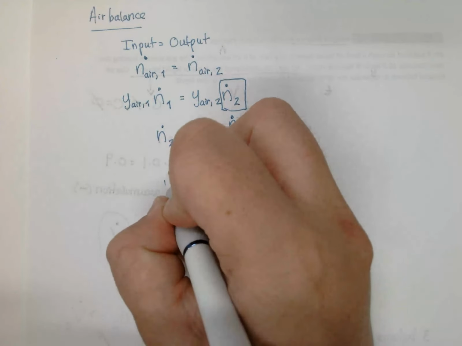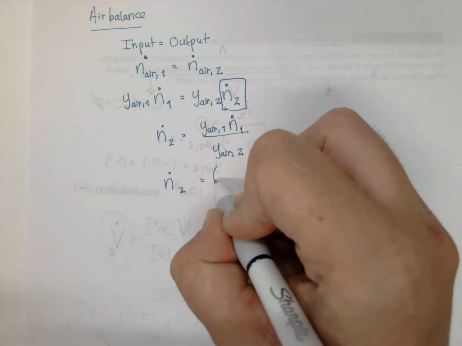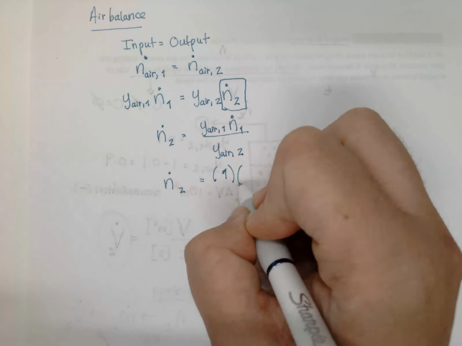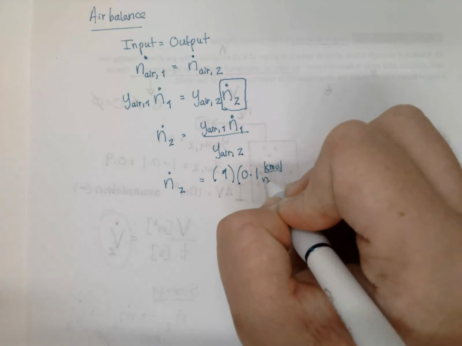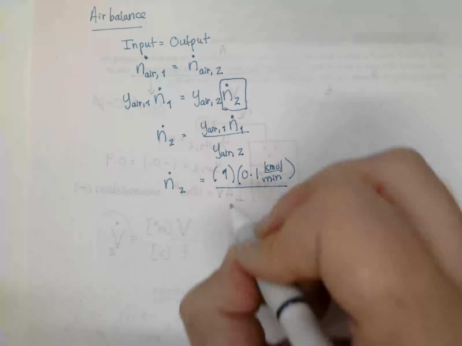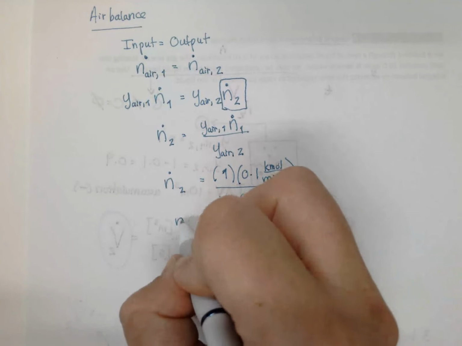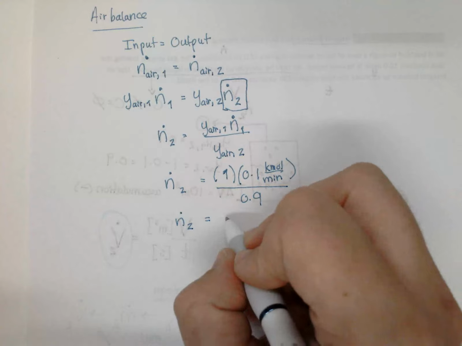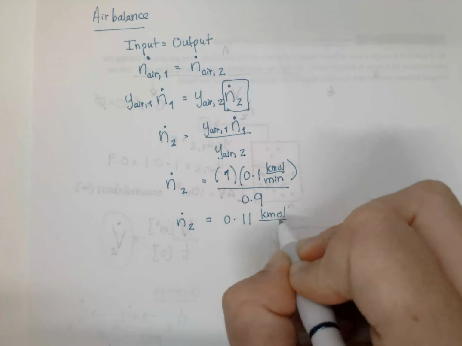So N dot 2 is going to be equal to what comes in, which is actually just 1, times the flow rate in, which is 0.1 kilomoles per minute, divided by the fraction that comes out, which we said was 0.9. So that total flow rate out is going to be 0.11 repeating kilomoles per minute.